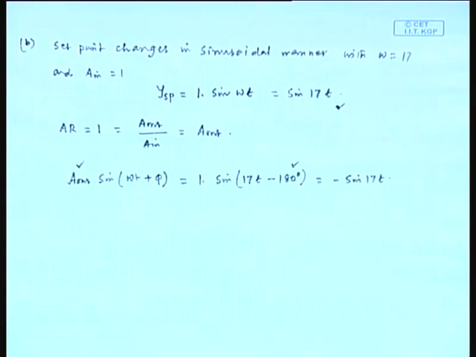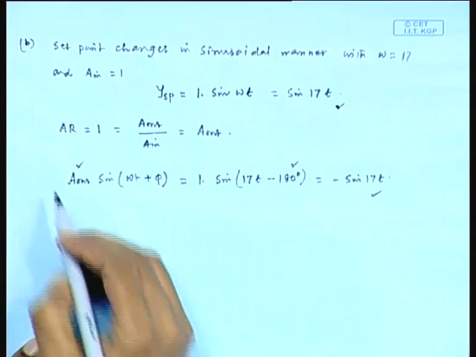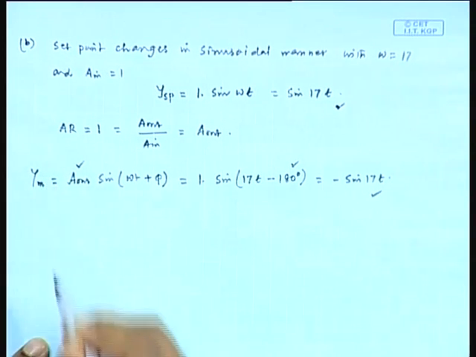Agree? So, if we introduce set point change in sinusoidal manner, the output is minus sin 17t. This is also sinusoidal. So, we can write y m equals sin 17t. Fine. This is the open loop response when the process is subjected to a change in set point in sinusoidal manner.